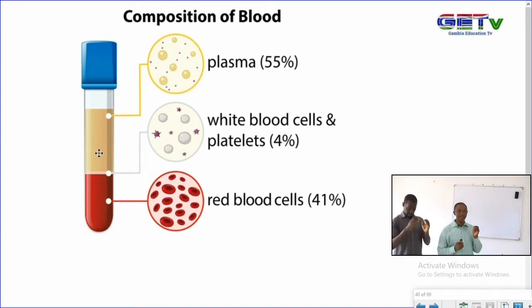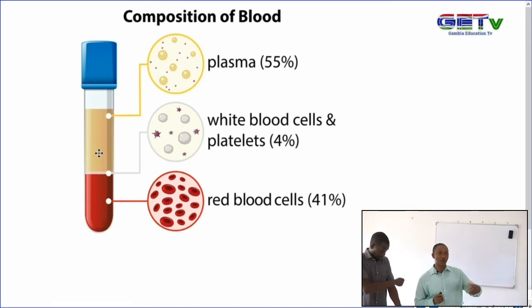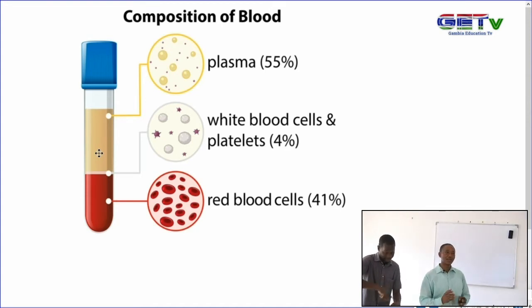If blood is taken from an individual and then this blood is spun in a test tube at a very high speed, usually they have devices they call a centrifuge. It spins at very high speed. That forces the heavy particles, that is the blood cells, to the bottom, and the liquid part remains at the top. The liquid part is what we refer to as the plasma.